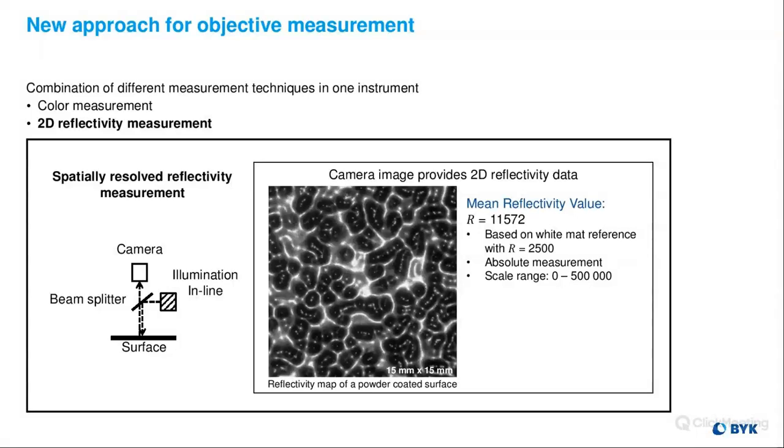In this case, for this specific sample that was measured, we have a mean reflectivity value of around 11,572. What's nice about the mean reflectivity value is it can show you valuable information of how that surface is reflecting across the entire surface, not just a few sections of it.